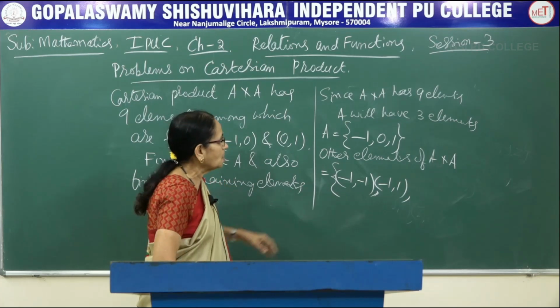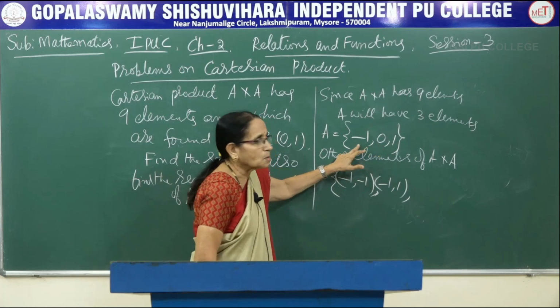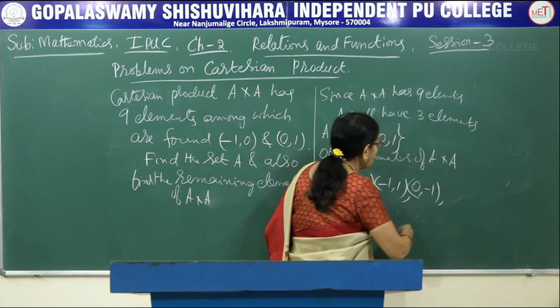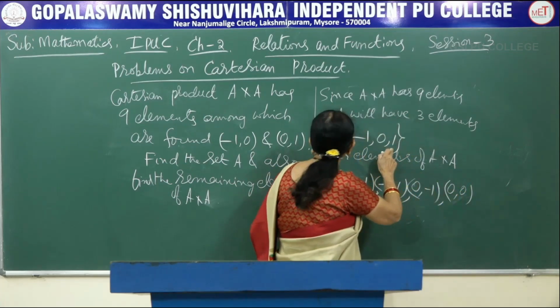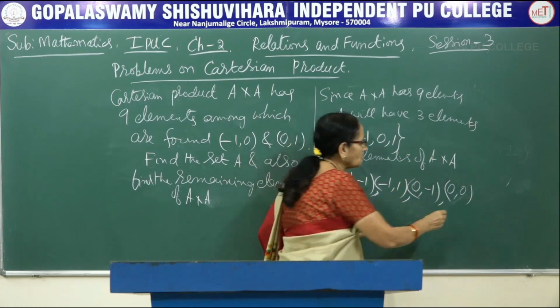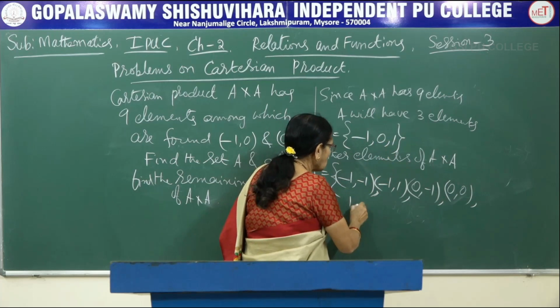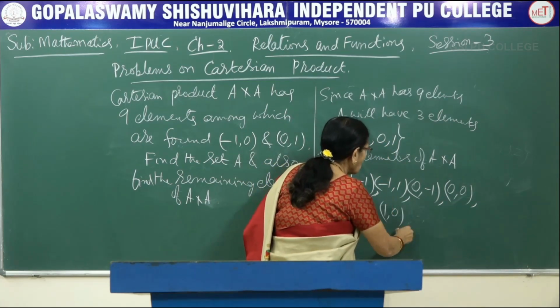So -1 is over. Come to the next one. 0 combined with -1. It is not there, write that one. 0, -1, 0 with 0, and then 0 with 1 already given, don't write. Next, take this element 1, take with all of them. It is 1, -1, 1, 0 and 1, 1.